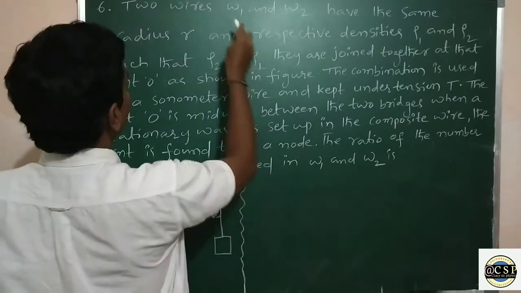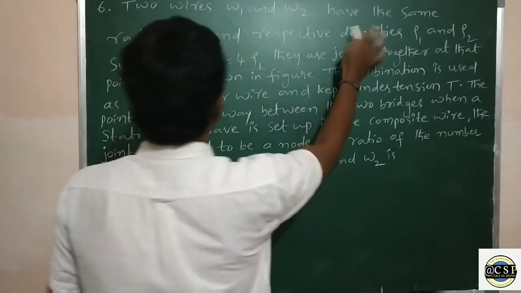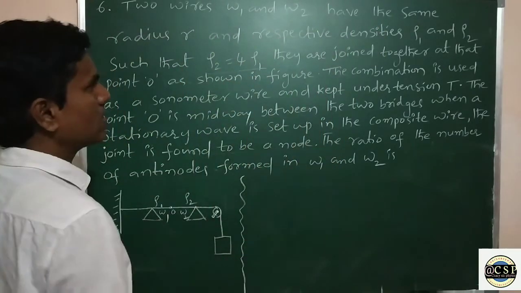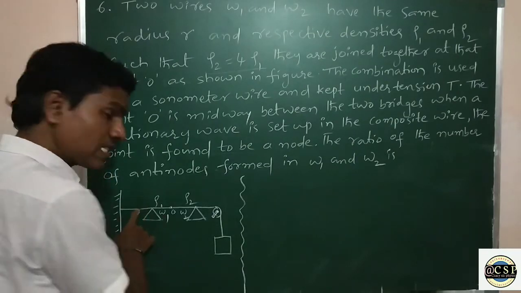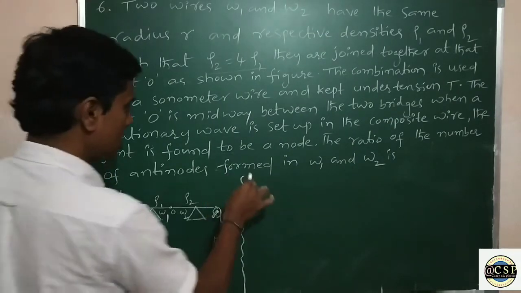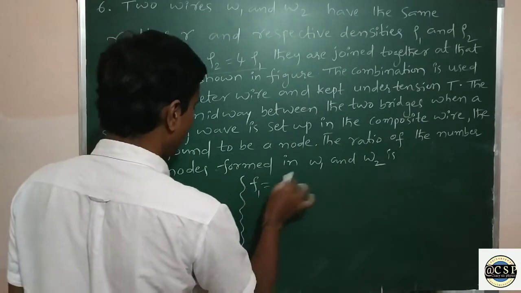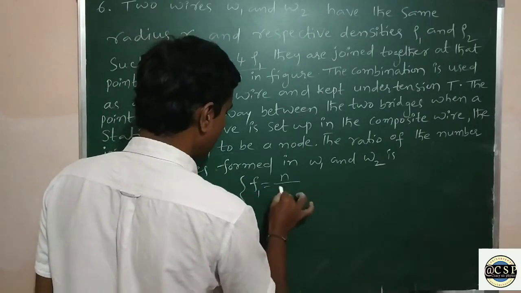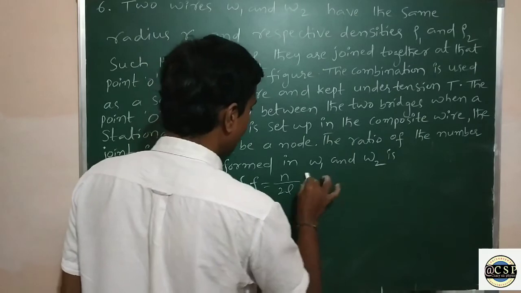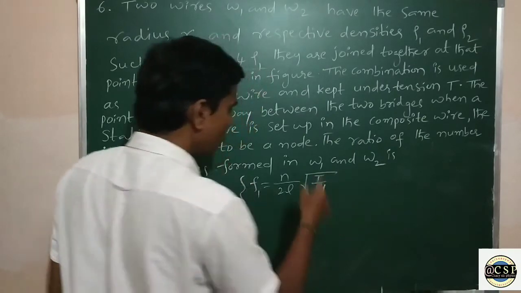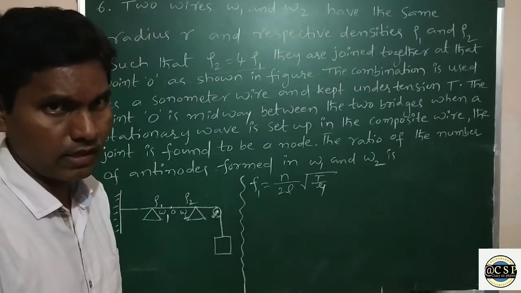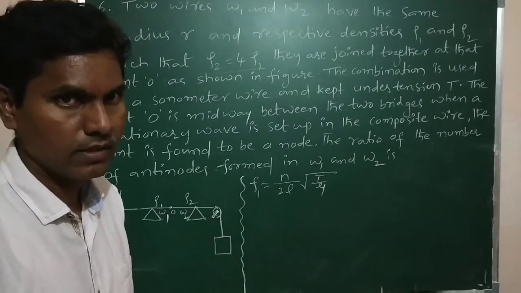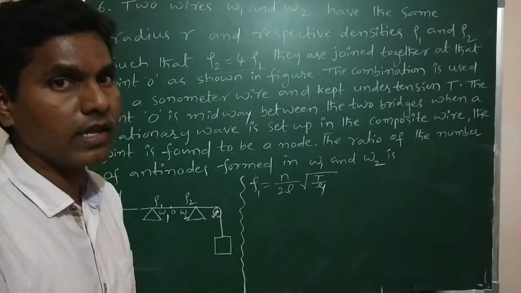Here the radius is the same, but the density is different. For the first wire, the frequency is F1 equal to n by 2L into root T by mu. We know that. But here n is not a frequency; here n is the number of modes, the number of antinodes.